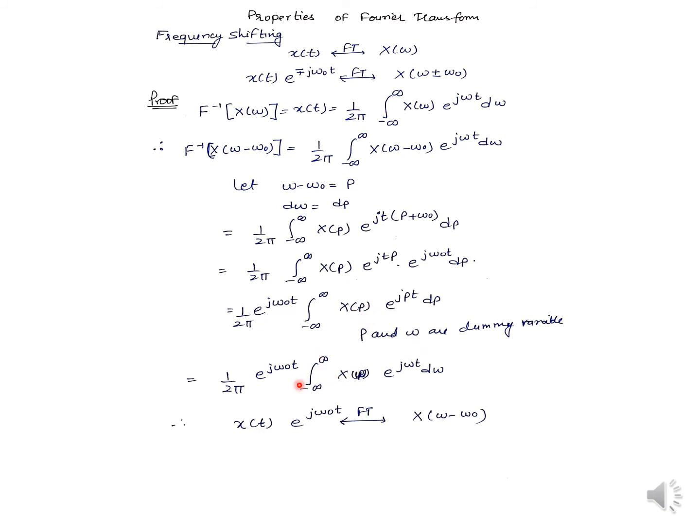So it will be this, which can be written as your x(t). So there will be a 2 pi factor also, but this 2 pi is going under this. So you can say that x of t e raised to the power j omega naught t has Fourier transform capital X of omega minus omega naught. Remember, when there is a positive here, there is a negative here, and vice versa.